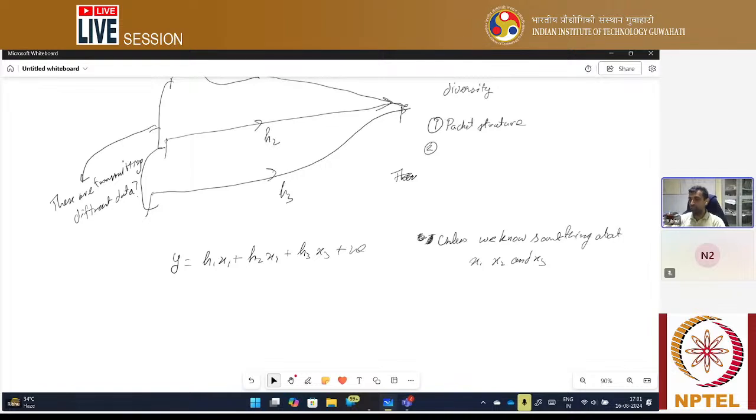If they are coming from specific constellations, then we can employ a very high complexity ML style decoding and try to decode the kind of data that's being sent.